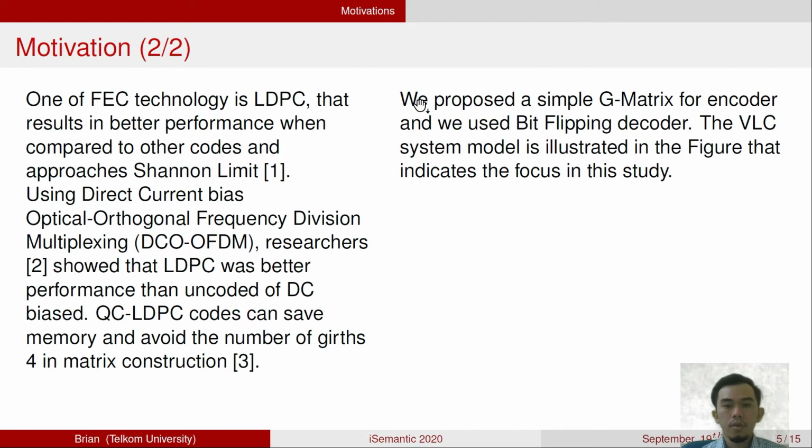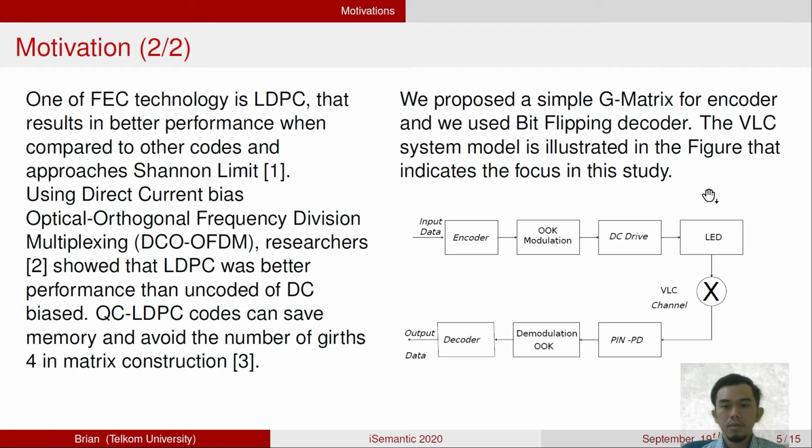And this is our proposal. We propose a simple G-matrix for the encoder, and then we use bit flipping for the decoder on the receiver side. The VLC system block diagram is illustrated in this picture. So this is the data without code, and then we code the data with the rate 0.5.